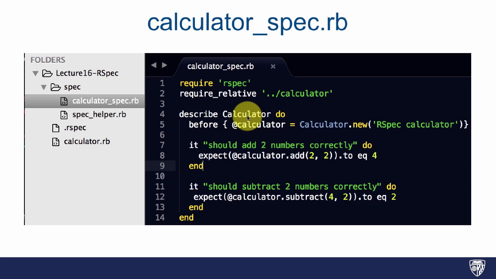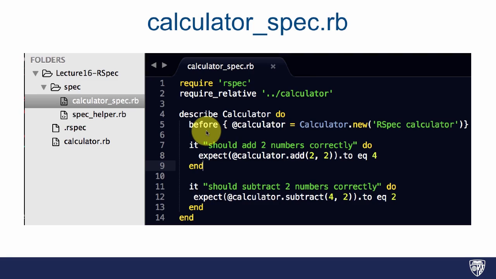Calculator is our class, which we are testing, so require_relative 'calculator', which is this class right here, which has the errors. Now we could also just do describe and put some string in here instead of doing Calculator, but since we're describing the Calculator class, it sort of makes sense to use the Calculator constant, the name of the Calculator class.